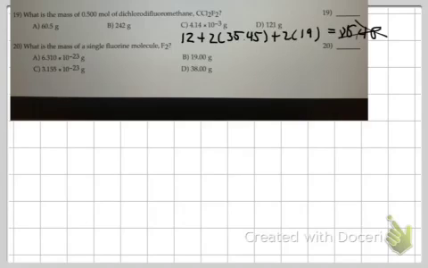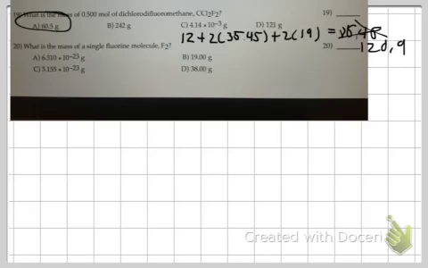You can see me making mistakes already. 35.45 times 2 is 70.9, plus 19 plus 19 plus 12. 120.9, so half of that is this. So 19 is A. That's a mistake I made. So, see, people, you make mistakes, just make sure you cover your tracks.